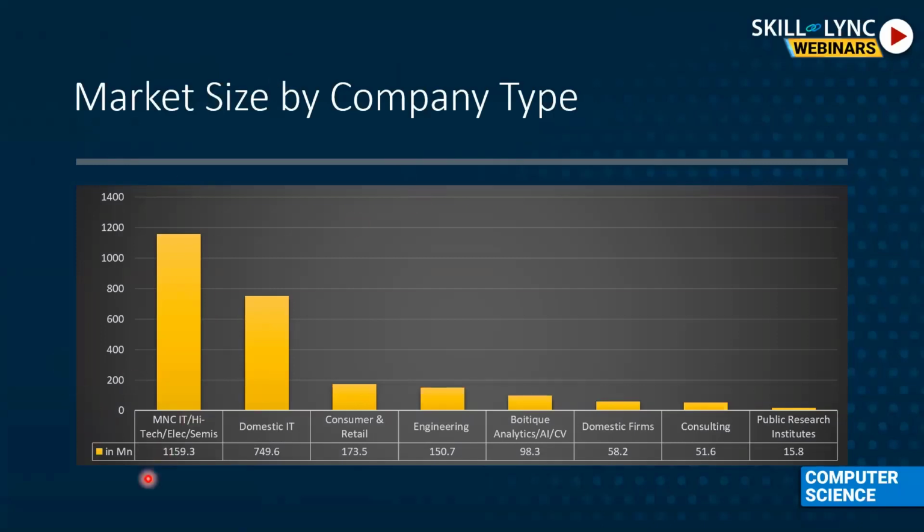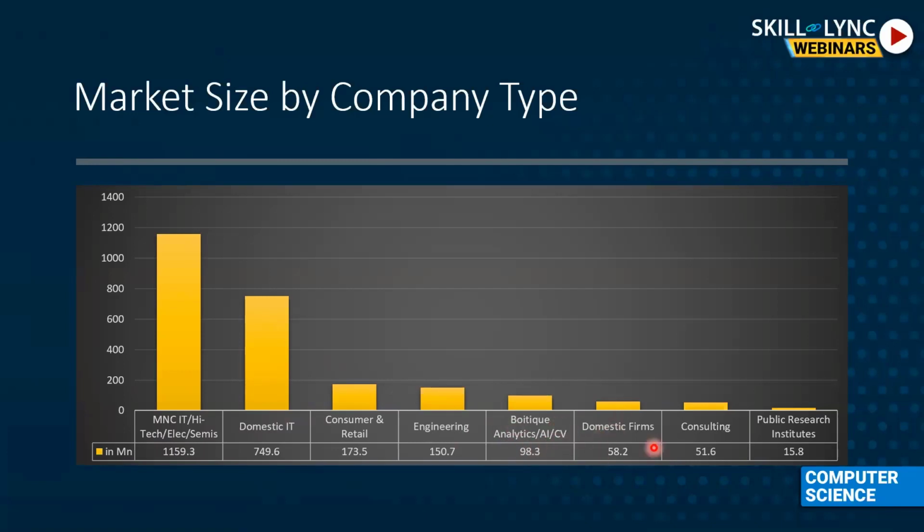Most of the computer vision jobs are in high-tech companies, in MNCs, in companies that work on semiconductors and electronics. Then the next is domestic IT companies. Some consumer and retail companies use computer vision engineering. These are the startups that use AI and computer vision.